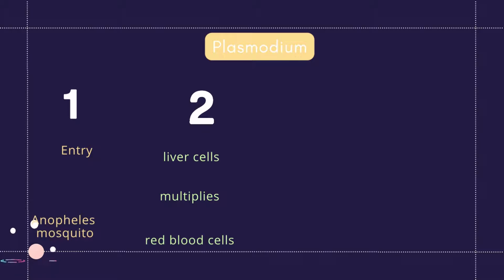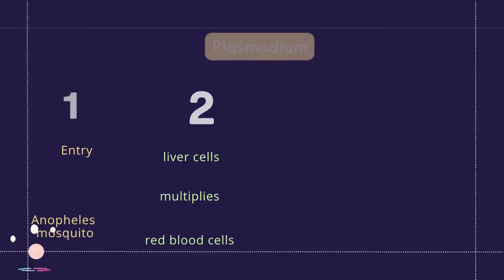Spores of Plasmodium move through human blood, then reach red blood cells where they multiply. The first step was entry, the second step is multiplication.